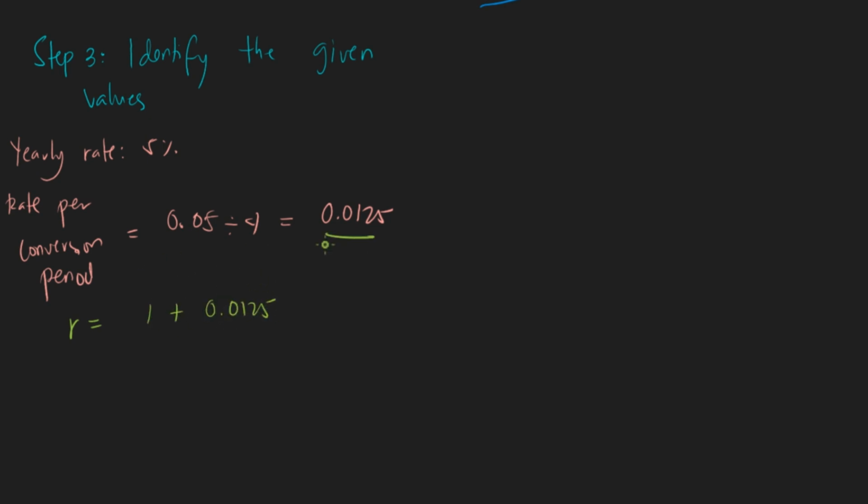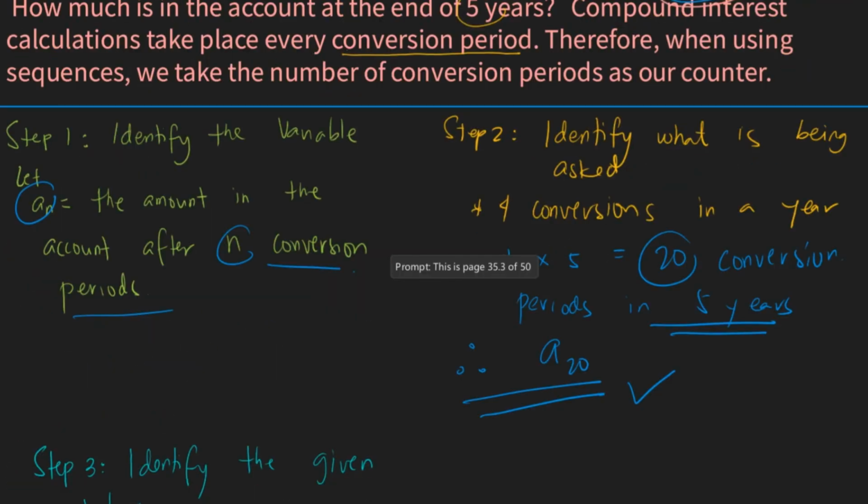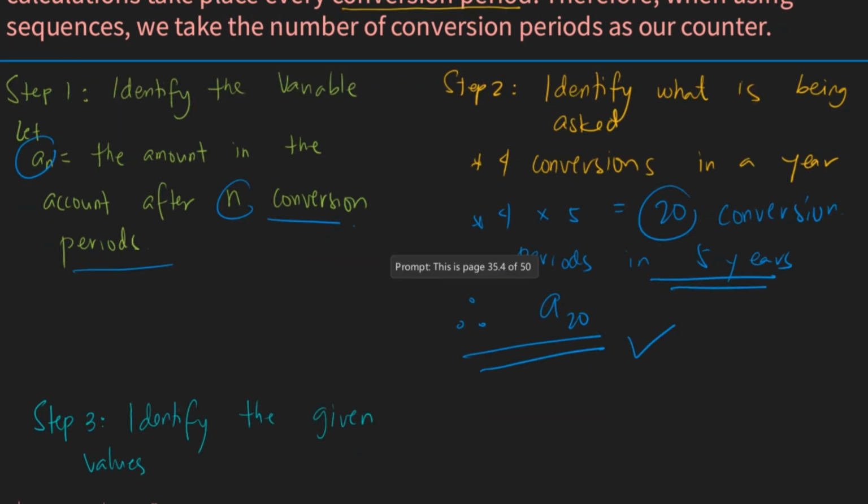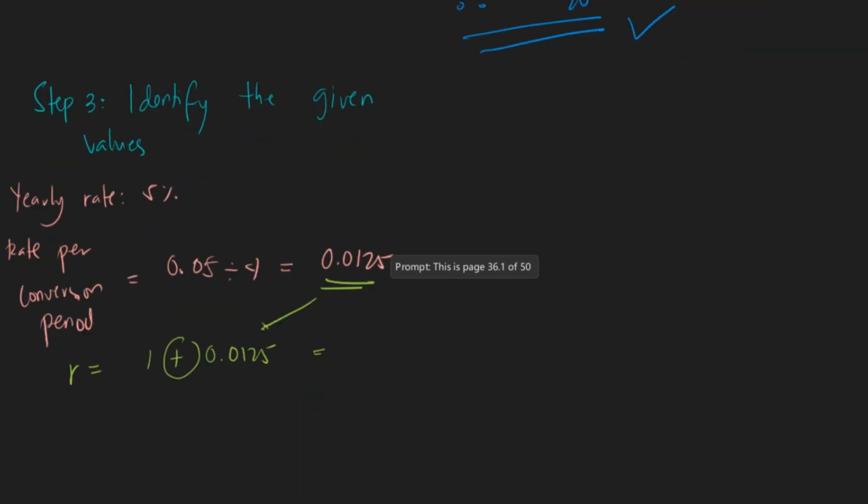This is the rate per conversion period. So we put 1, that is the wholeness, right? Since we are talking about the total account at the end of 5 years, we must add the wholeness and the rate per conversion period. Again, the problem is how much is in the account at the end of 5 years. That's why we use addition.